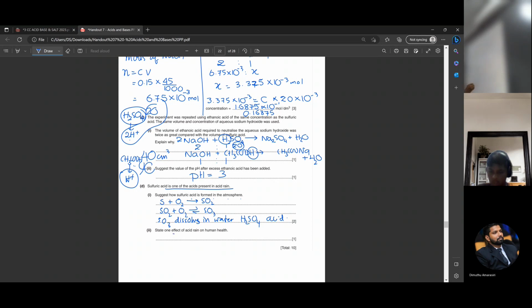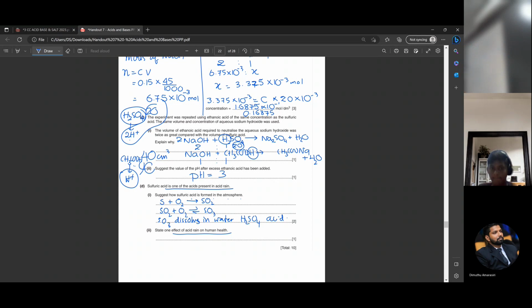State one effect of acid rain on human health. Human health. That's why he asked the question, right? So if sulfuric acid is going to fall with the rain, it is definitely what? Corrosive, right? It can damage the skin. It can damage your eyes, right? Kidney damage happens only if we consume sulfuric acid. That is not a direct impact of acid rain.